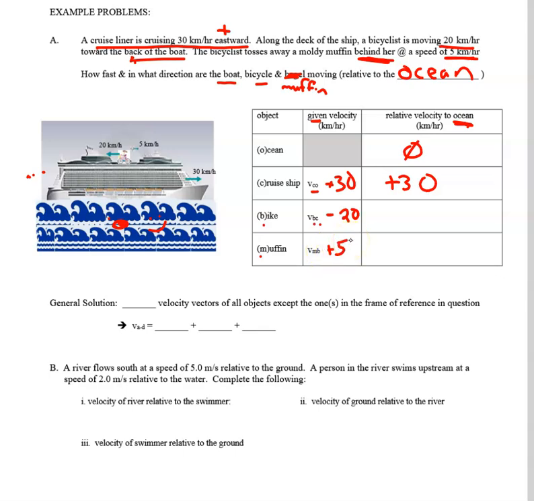So now how do we figure out how fast they're moving relative to the ocean? You might have already done this in your head, but I'm going to give you a formal way of doing it. The velocity of the bike relative to the ocean, that's what I want to find, is equal to the velocity of the bike relative to the cruise ship plus the velocity of the cruise ship relative to the ocean.